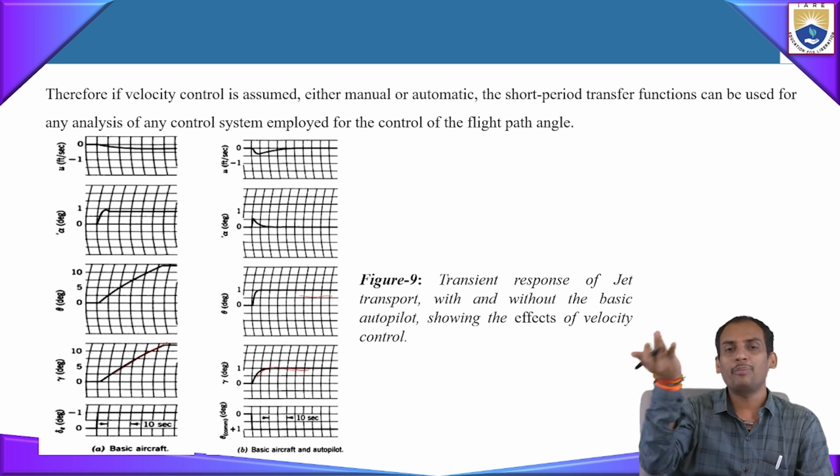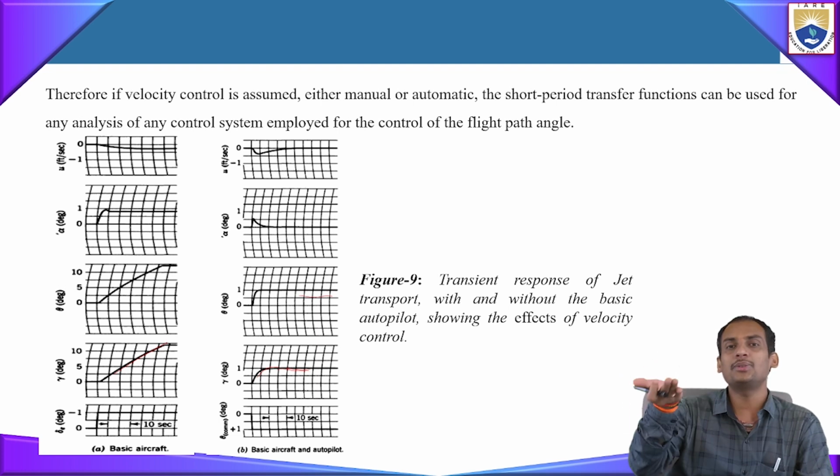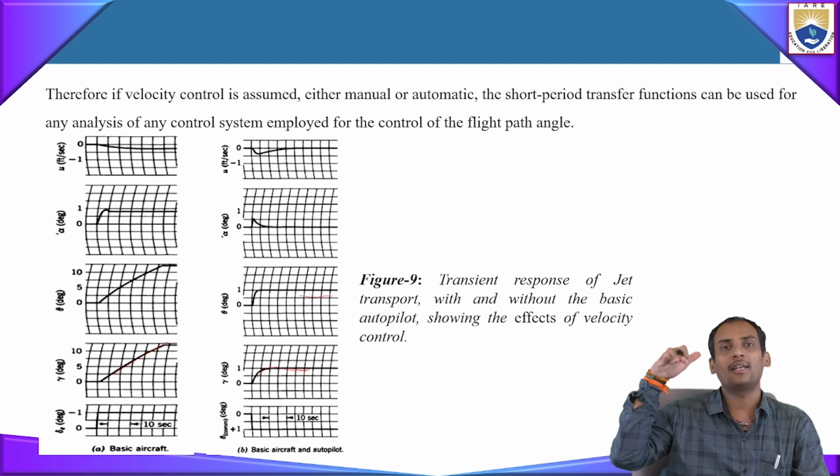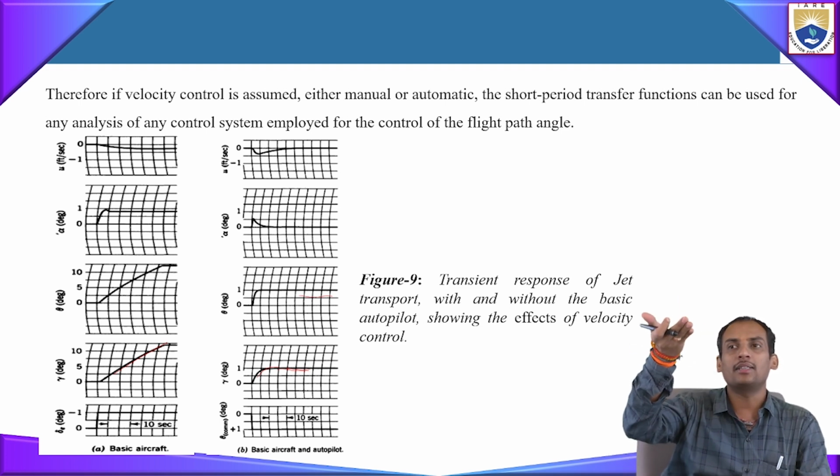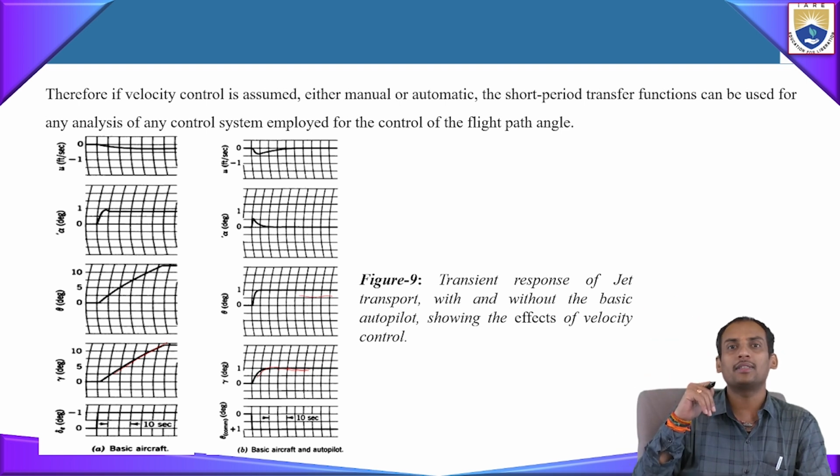To get the glide slope angle, we use the short period transfer function: how the glide slope will be attained by taking the equations from the longitudinal dynamics, and how things go forward after that. Here the velocity formulation we have given.